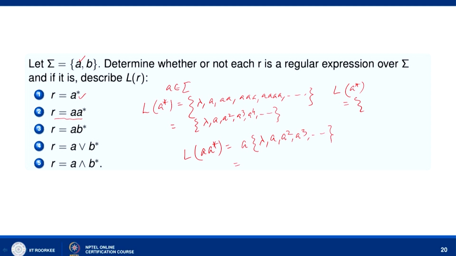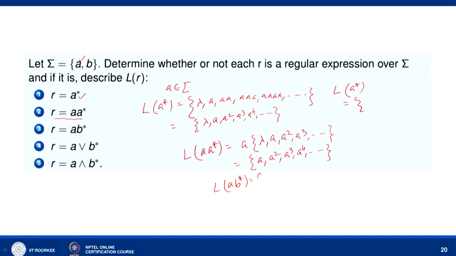Now let us take the concatenation. So, a lambda, that is a, then a square, a cube, a to the power 4 and so on. Now, R equal to (ab) star, so L of R, L of (ab) star.